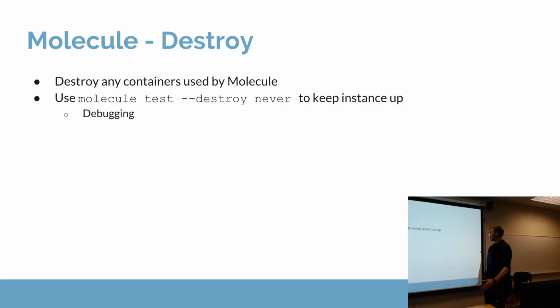And then when you're done testing, it'll destroy everything. If you want to debug, because normally if it encounters an error along the way, it'll just destroy your instances, which doesn't really help if you need to go in and find what went wrong. So you can just set destroy to never to keep them up.